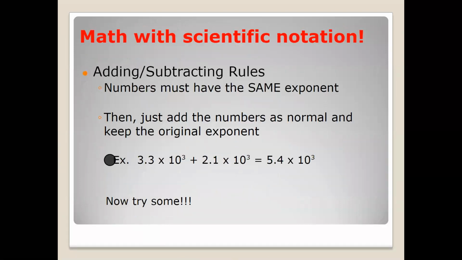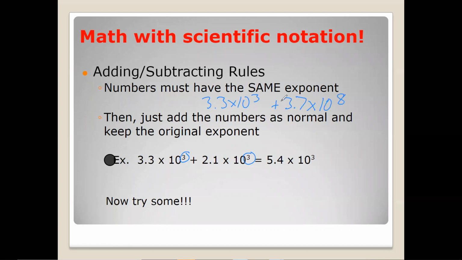Now, there are going to be some rules because you're not only going to have to be able to navigate between standard form and scientific notation, you're going to have to be able to add and subtract those numbers as well. To effectively add and subtract numbers, you need the exponent to be the same because you may not add 3.3 times 10 to the 3rd plus 3.7 times 10 to the 8th.